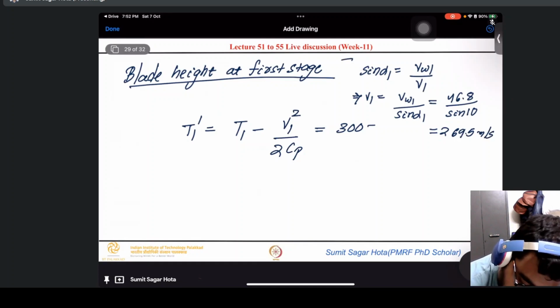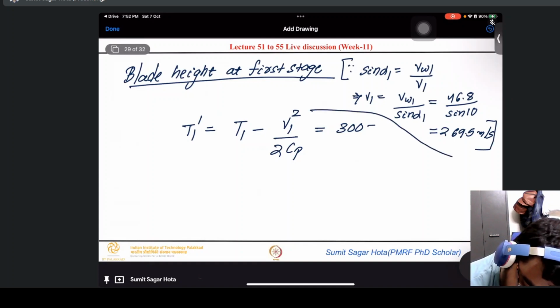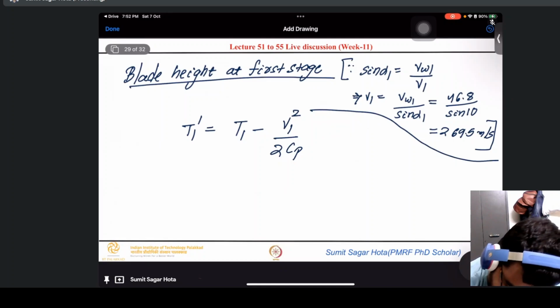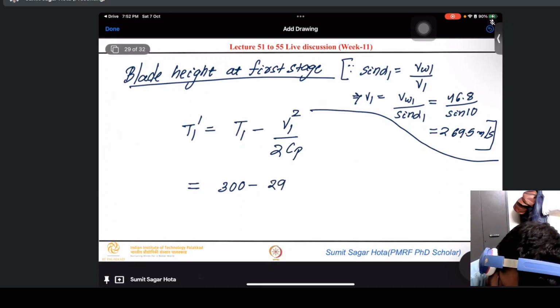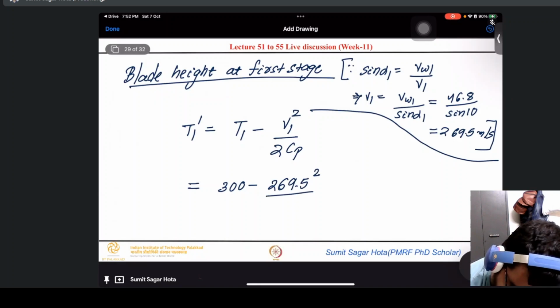Okay, what is T1 dash? 300 minus 269.5 square divided by 2 into 1005.